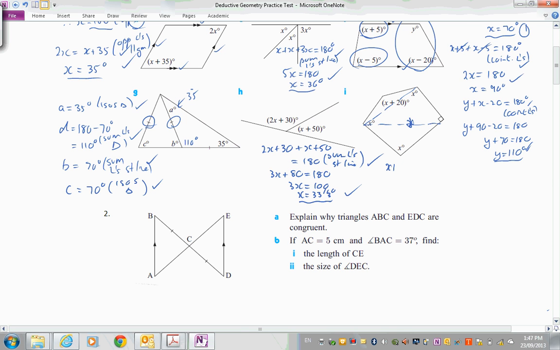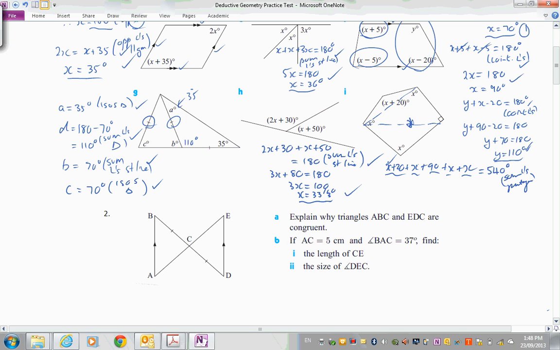So go x plus 20 plus x plus 90 plus x plus x. All 5 angles, 1 angle, 2, 3, 4, 5. Must add up to 3 triangles, then take 2, isn't it? Sum of angles of a pentagon. Okay. And take 2 triangles if n-sided figure.